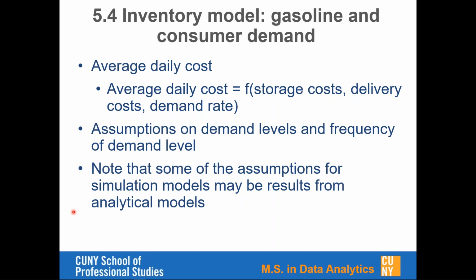In many cases, we try to model demand arrival as a Poisson process. In other words, the inter-arrival time between this demand and the previous demand follows an exponential distribution. So why are we able to make that assumption?